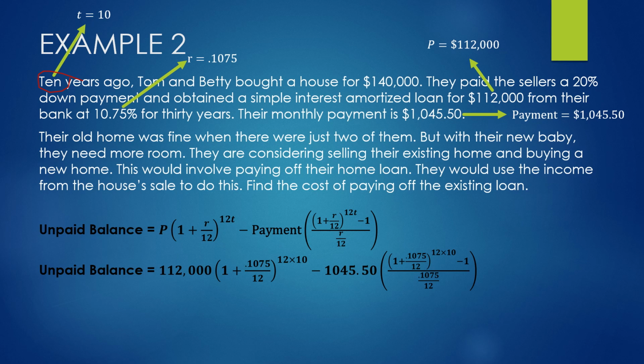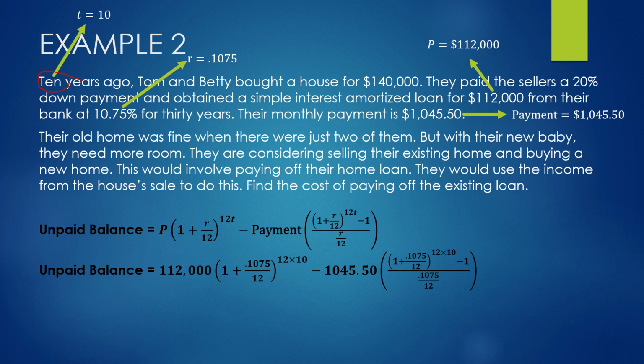Take a second, look this over, or copy it down if that's what you're doing. So we have 112,000 times 1 plus 0.1075 over 12 raised to the 12 times 10. We're going to have to take care of that first.